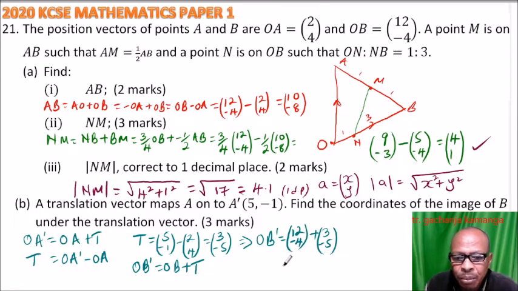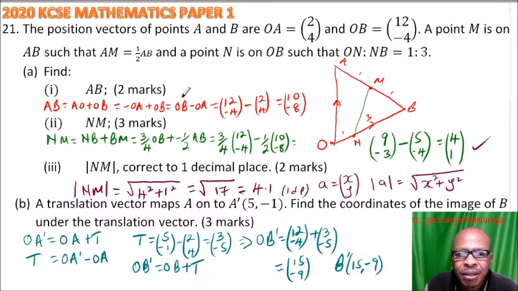Now this will give us 12 plus 3, that is 15, minus 4 plus minus 5, that will give us minus 9. So that is our OB prime. This implies that the coordinates of the image of B, which you call B prime, are 15 and minus 9. So that's how you work that out.